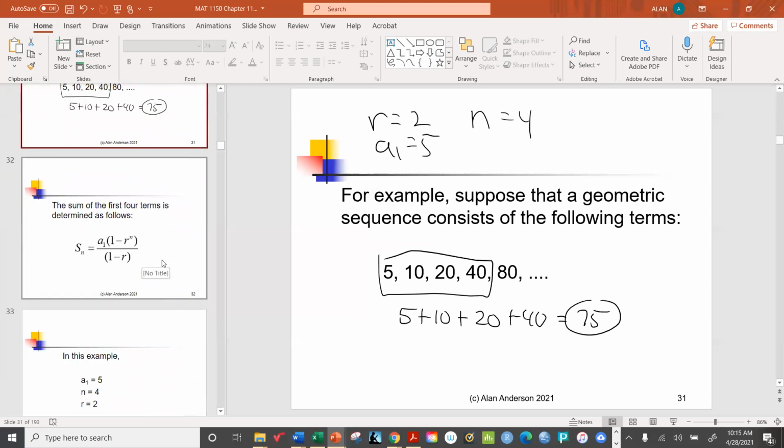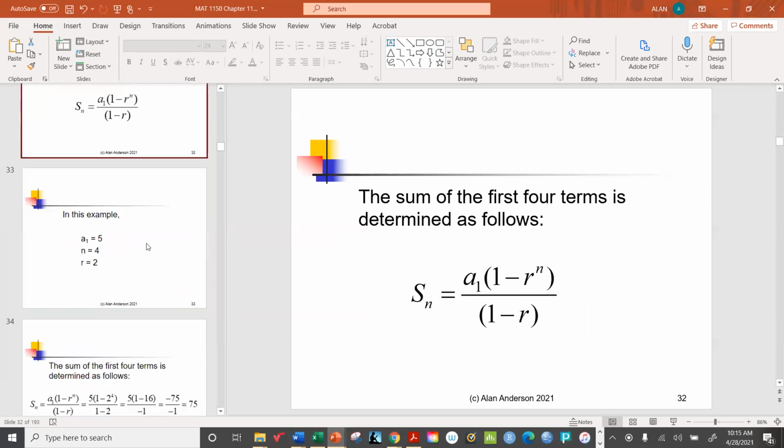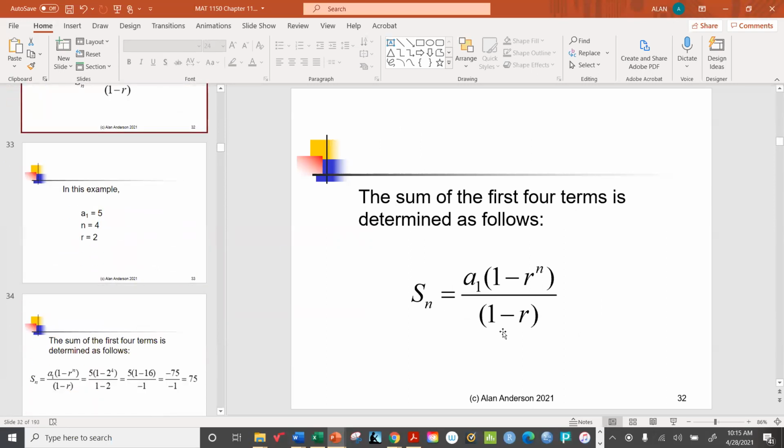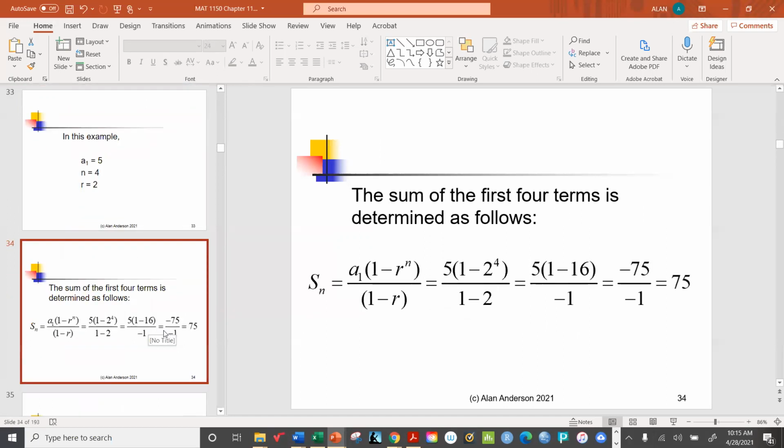The formula is on the following slide. So here's the formula. And I would remind you that we have 5, 10, 15, and 20. So again, A1 is 5 and N is 4.